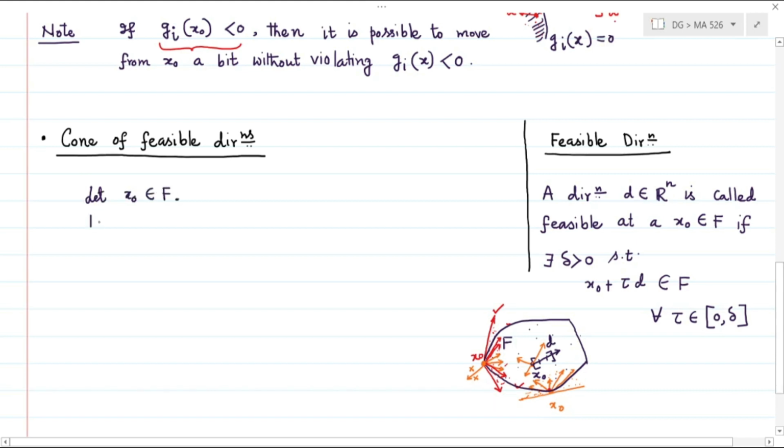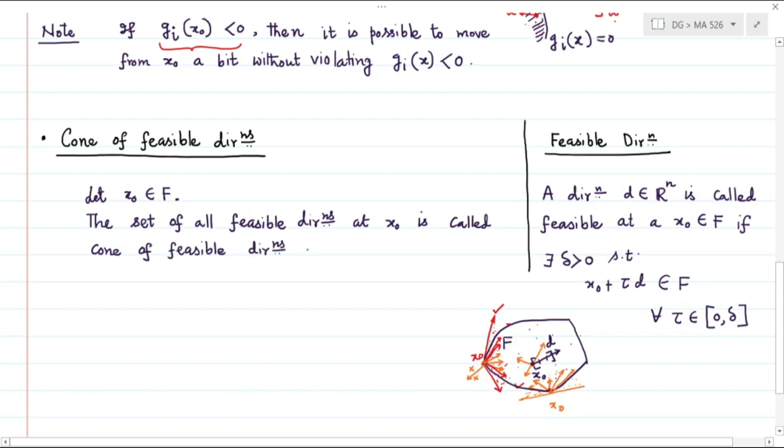The set of all feasible directions at x naught is called the cone of feasible directions at x naught, which we will denote by CFD at the point x naught. FD is the shorthand for feasible direction.